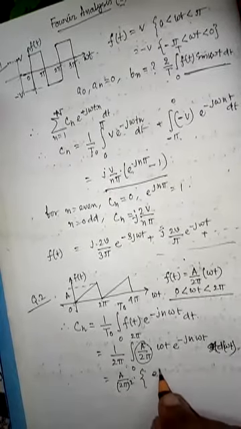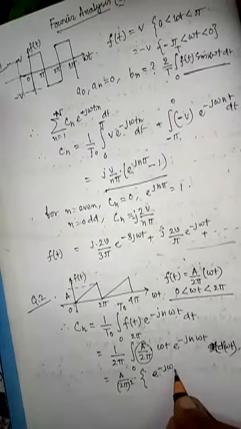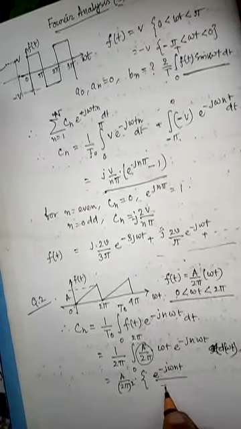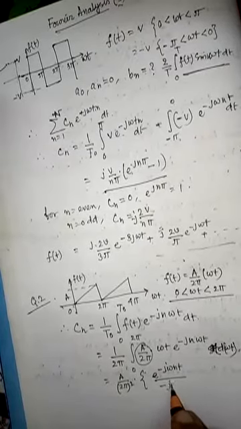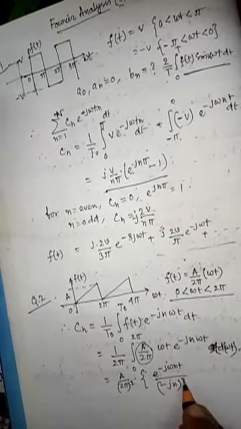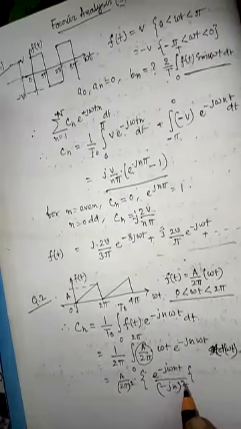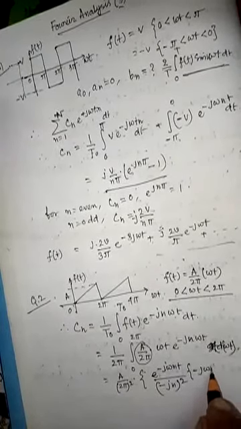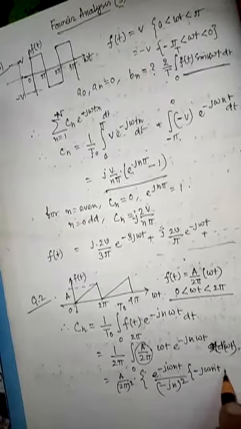So finally what is the output we will be getting here? It is e to the power minus j n omega t by j n, that square, which is multiplied with minus j omega n t minus 1.